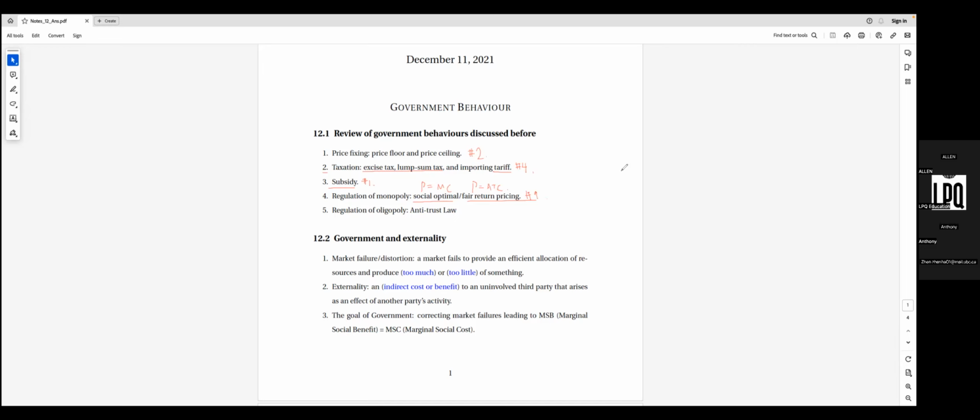This kind of behavior is called collusion. But in most countries in today's world, collusion is illegal, regulated by antitrust law.